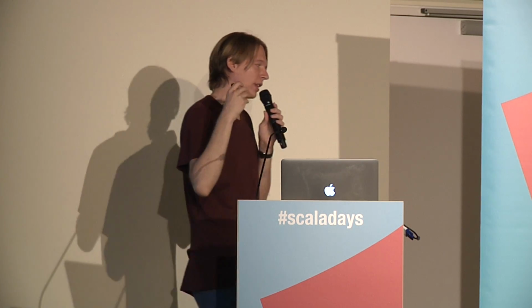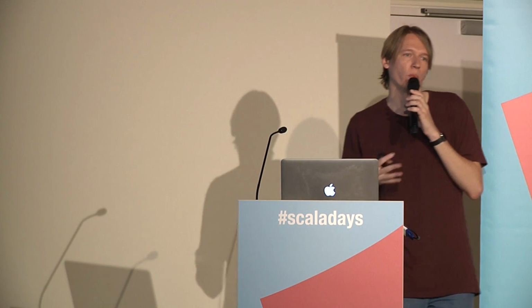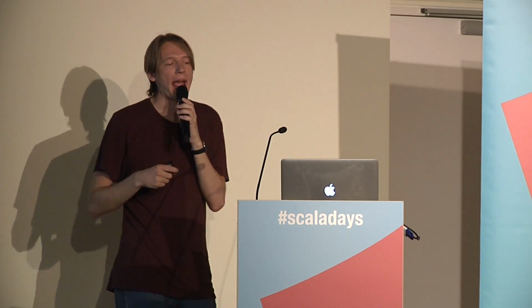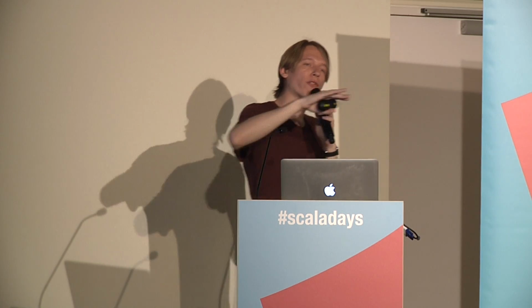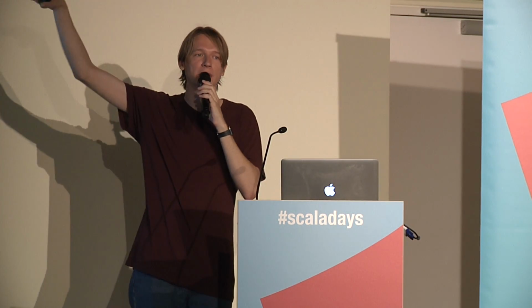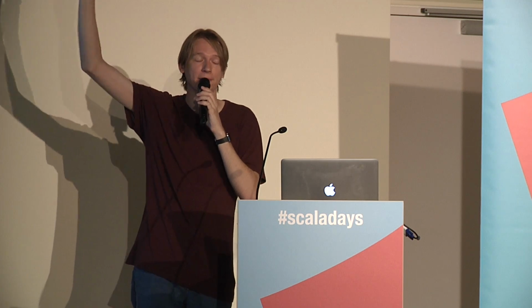So when Scalac looks for implicits, one of the places it looks is the companion object of the type class that it's looking for. And specifically, it will look first at the companion object, then it will look at the supertype of the companion object, then the supertype of the supertype, and so on until it hits Any.